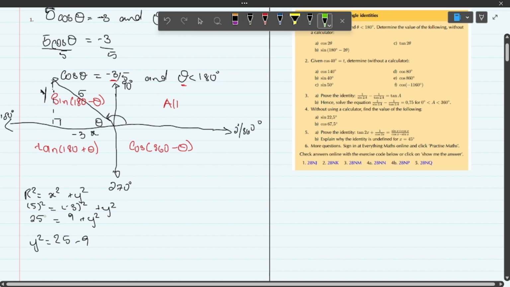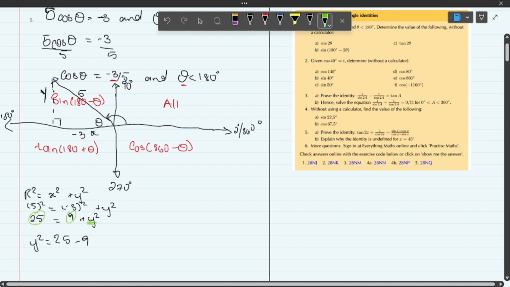So basically, this is 25 and this is 9, because this is the hypotenuse and this is the adjacent side, and these two values are squared. For us to find the value of y, we need to make y the subject of the formula. If you make y the subject of the formula, you put y on the left hand side and everything else on the right hand side of the equal sign.